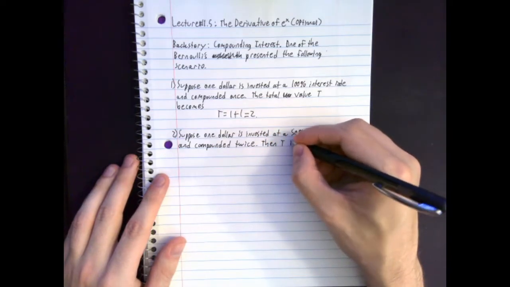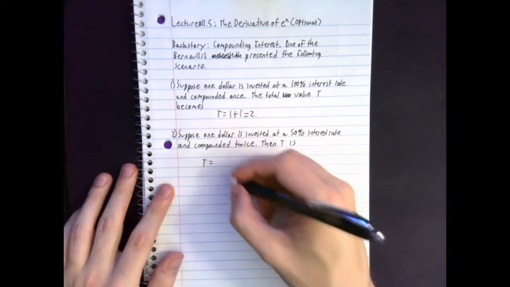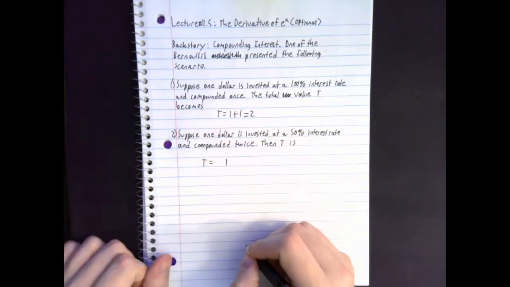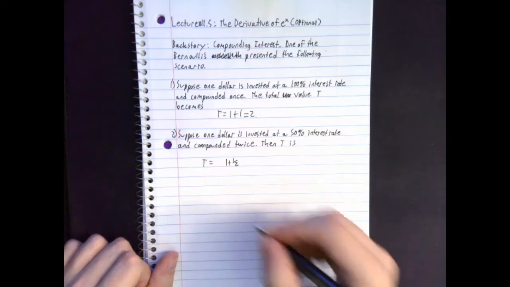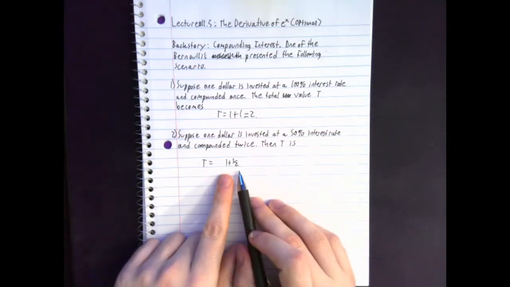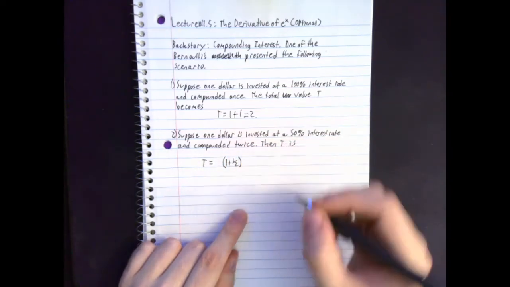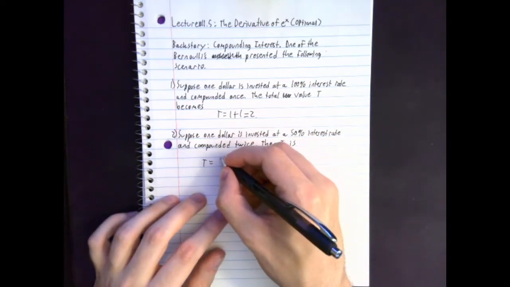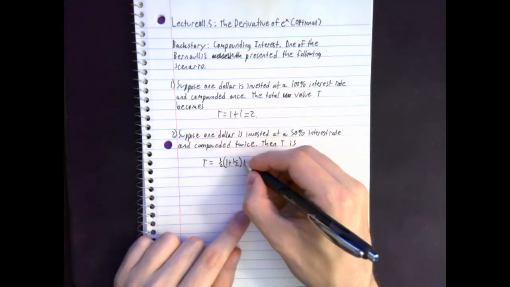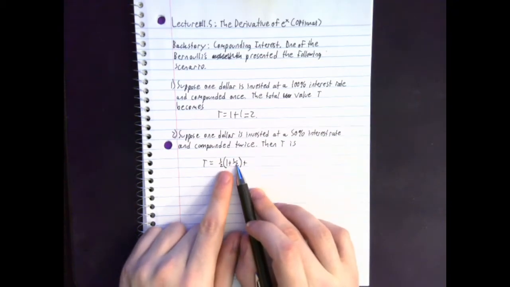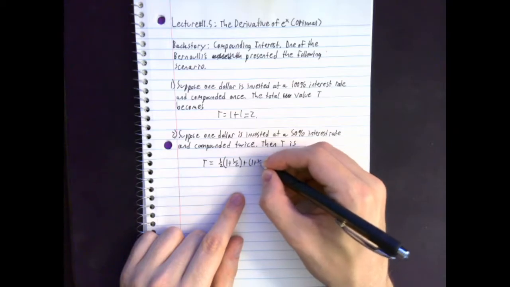So then T is, well, how do we compute T? T is given by, well, I start at 1, and then I add 50% of 1, and that's the first compounding, and then I take this new total, I multiply that by a half, and add it back to my new total. So add back the 1 plus a half.